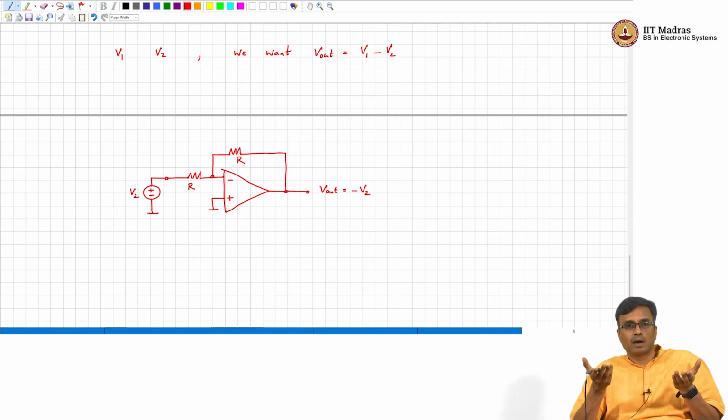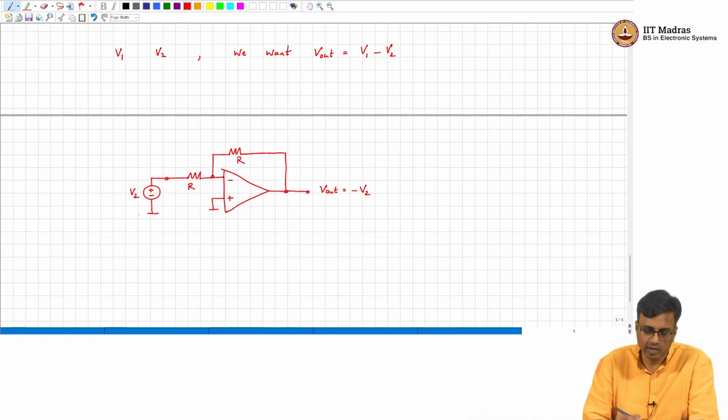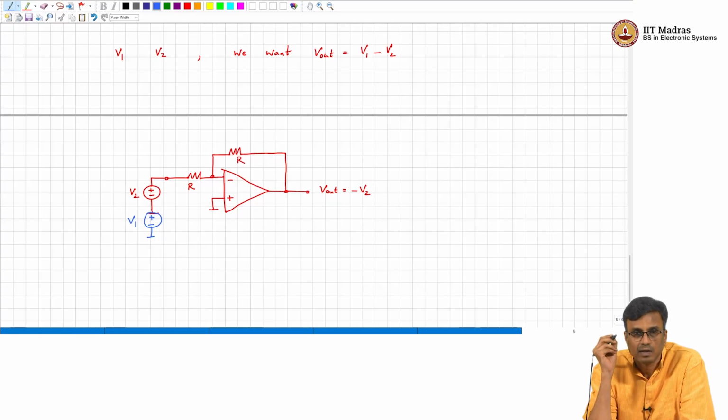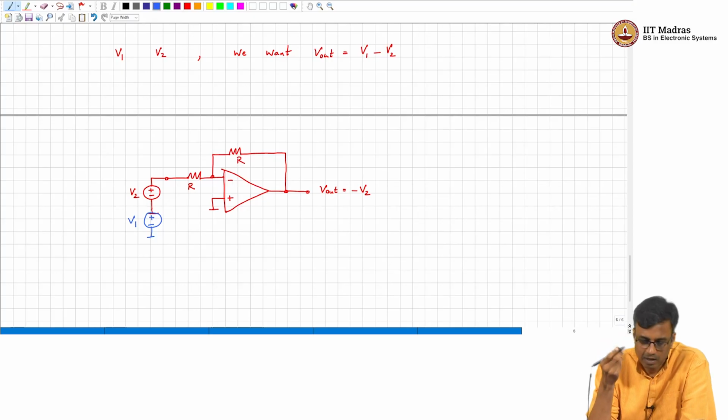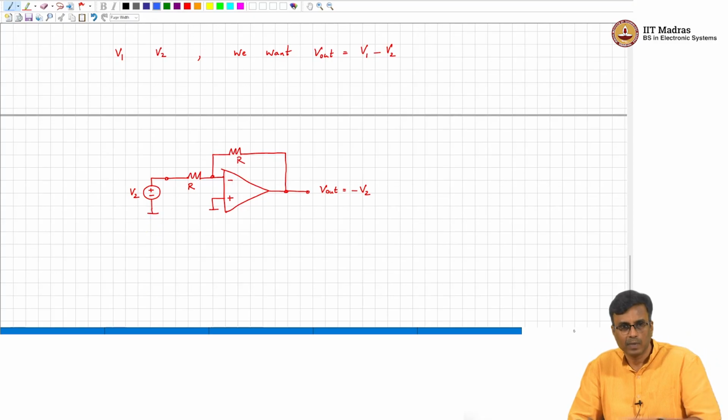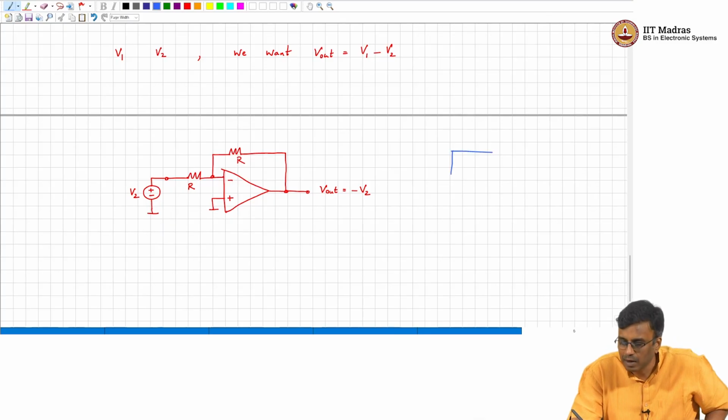One suggestion is, how about adding a voltage source like this in series? But that basically means that now you need to get minus V1, correct.